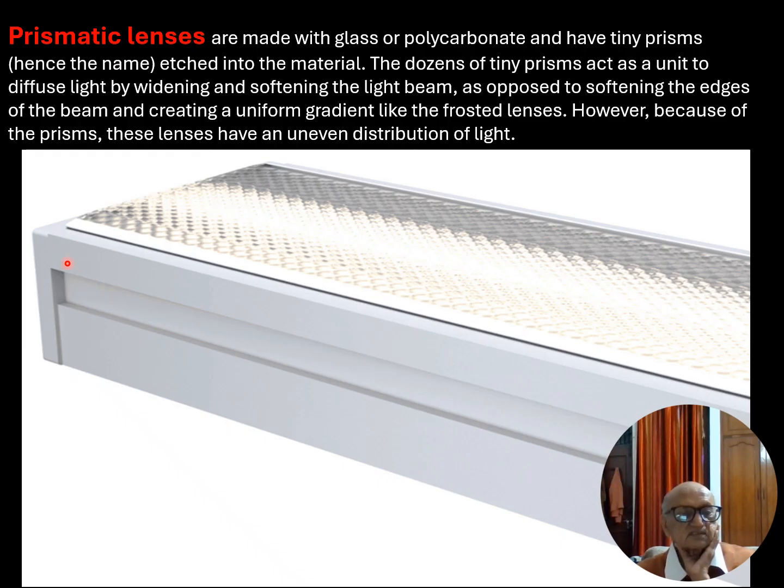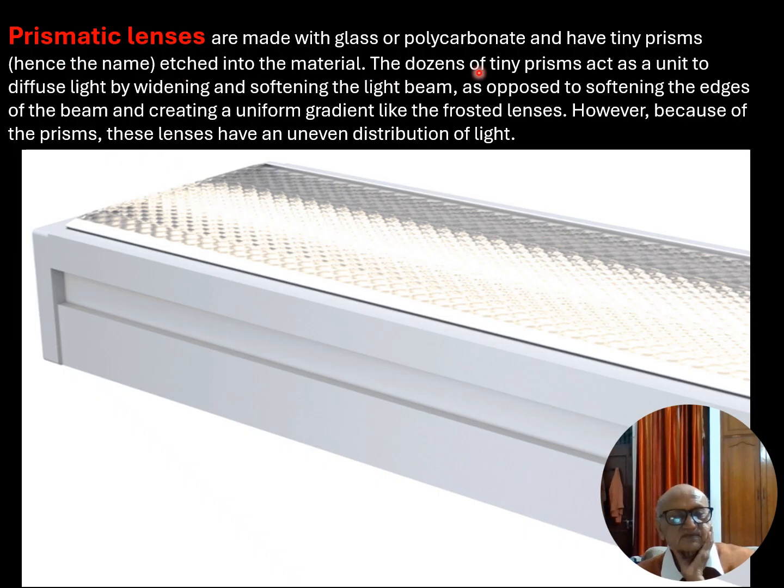Friends, this is a linear type light fitting, shown upright. Actually, it should be that way. It is provided with the louvers. These louvers you can see. These are prismatic lenses that are made with glass or polycarbonate and have tiny prisms, hence the name prismatic, etched into the material.